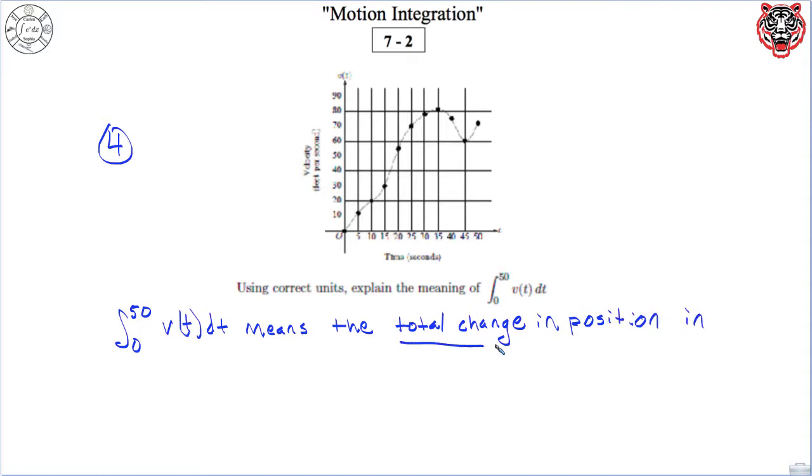And total change in position is the key words that you need to remember, and what is our unit? I think that says feet. It's hard to see because it's kind of low quality. In feet, from 0 seconds, we're in seconds, to 50 seconds.